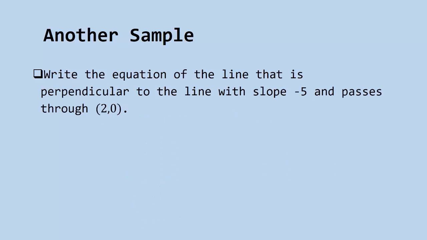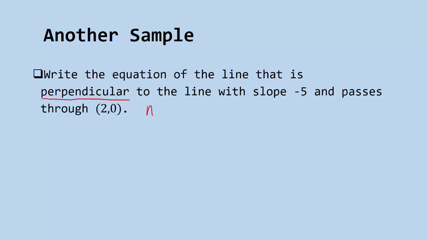In this case, we're going to write the equation of the line that is perpendicular to the line with slope negative 5 and passes through 2, 0. So now we're dealing with the idea that we have a perpendicular line. The original line has a slope of negative 5.